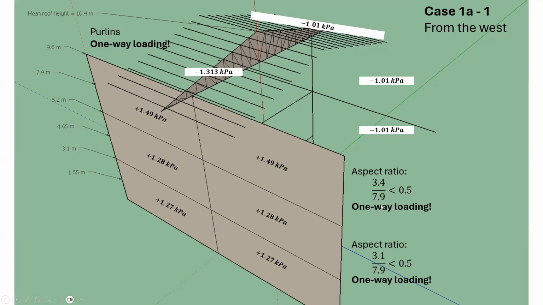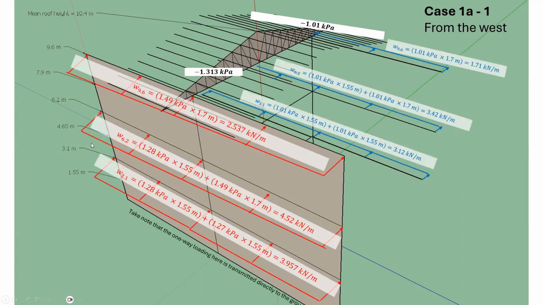Therefore, greater than 2, quote unquote, yung longer over shorter, and this will lead us to assert na one-way loading siya. So, itong 1.49 kPa na nakuha natin from the window, yung 1.28, 1.27, and so on, yun yung i-convert natin. On the other hand, yung purlins, ay one-way loading since two parallel members lang naman yung nagsusustain ng load. So this is how you determine.